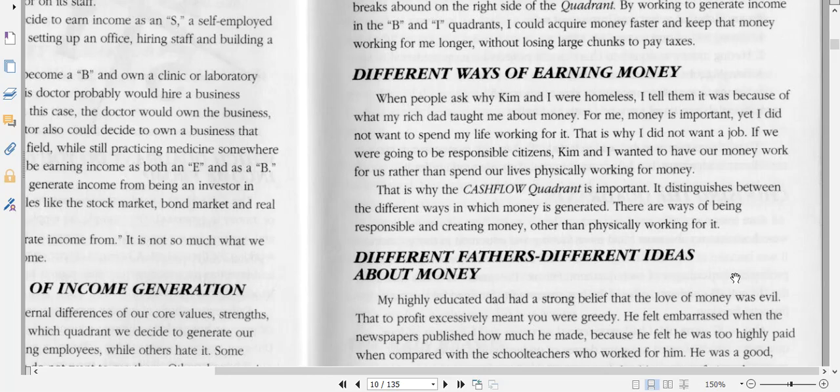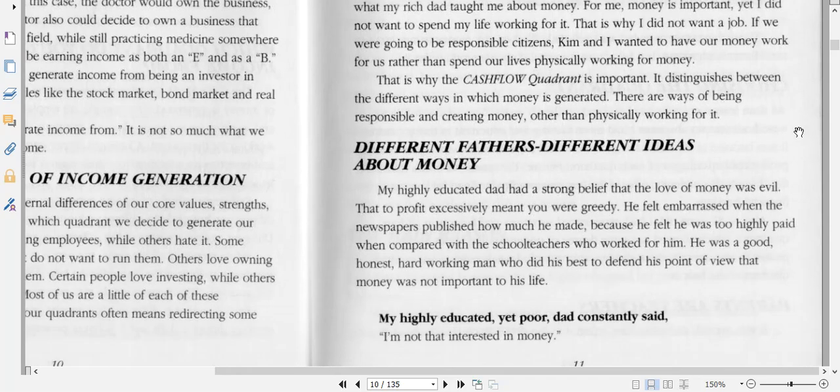If we were going to be responsible citizens, Kim and I wanted to have our money work for us rather than spend our life physically working for money. That is why the cash flow quadrant is important. It distinguishes between the different ways in which money is generated. There are ways of being responsible and creating money other than physically working for it.